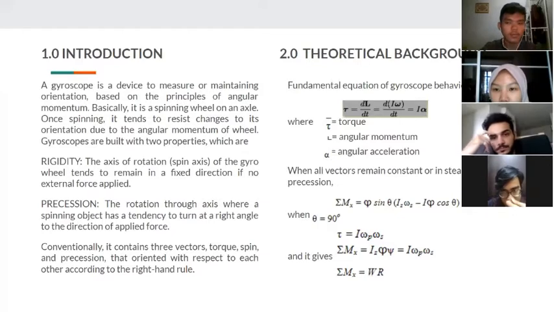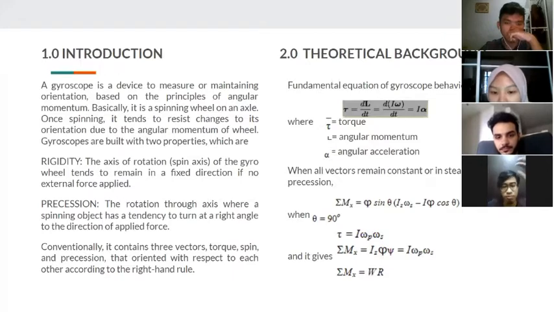Next is the theoretical background. The fundamental equation of gyroscope behavior is given by torque equals the rate of change of angular momentum with respect to time, which gives moment of inertia multiplied by angular acceleration.